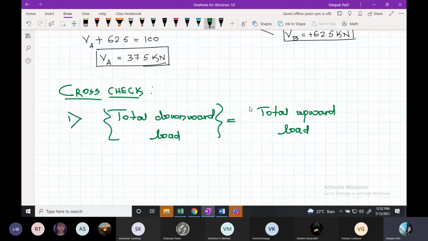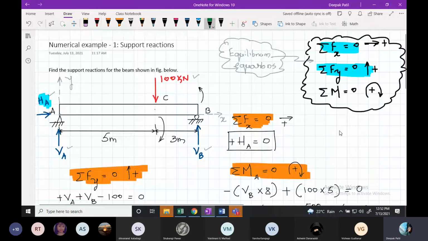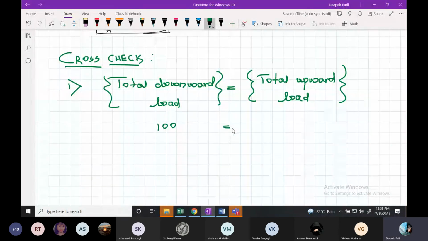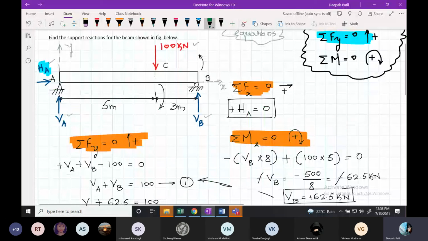Now, what is the meaning of this? Coming to the beam, what is the total downward load? The total downward load is 100. So write it here as 100, equal to what is the total upward load? VA plus VB.